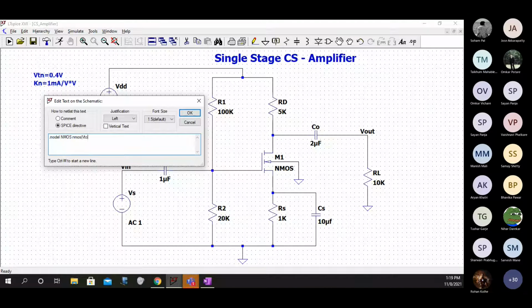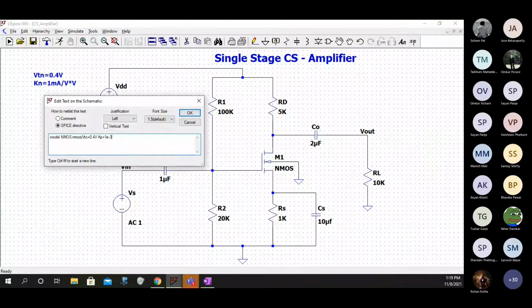Now, what is the threshold voltage? VTO is equal to 0.4 volts. Then, the SPICE directive, Kn and Kp is always written as Kp only. So, Kp is equal to 1e raised to minus 3.